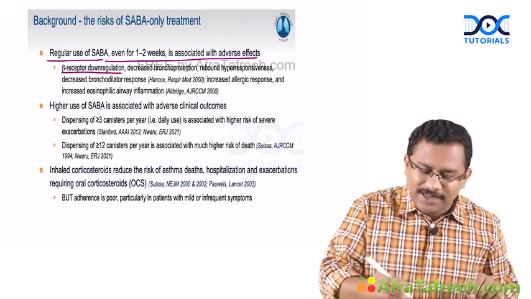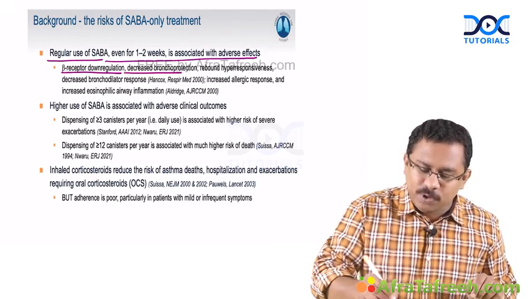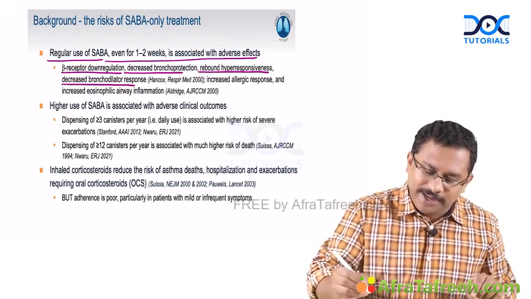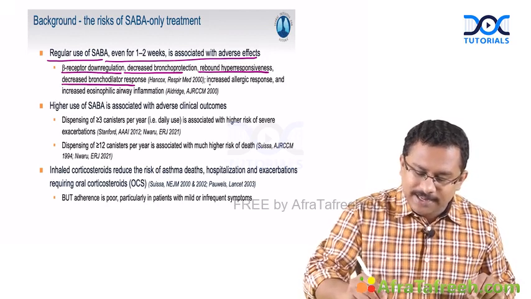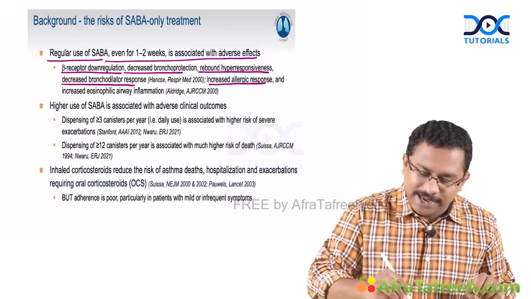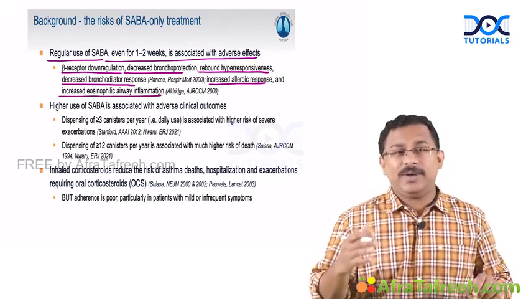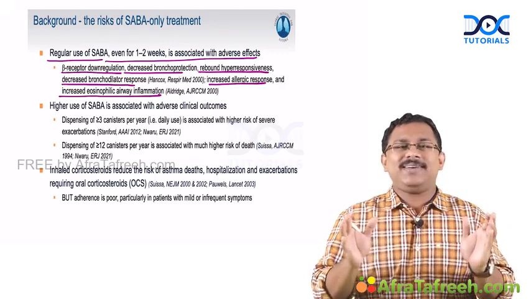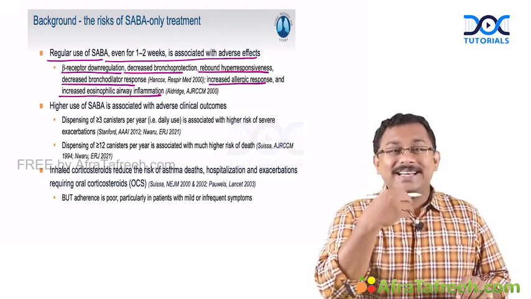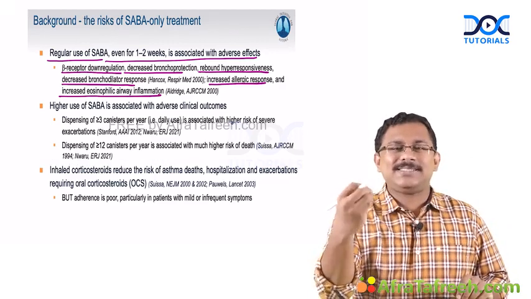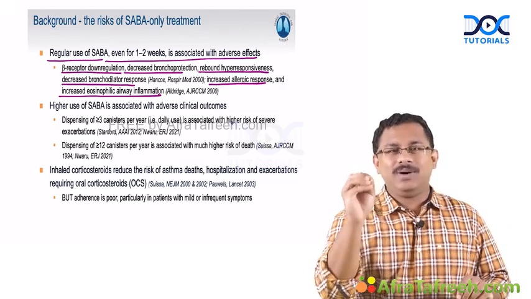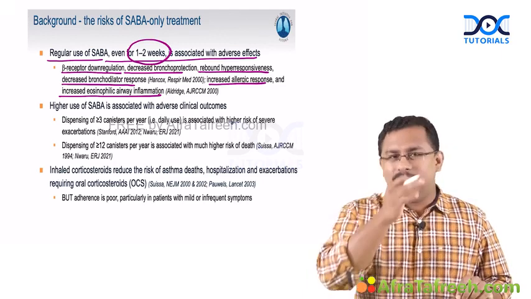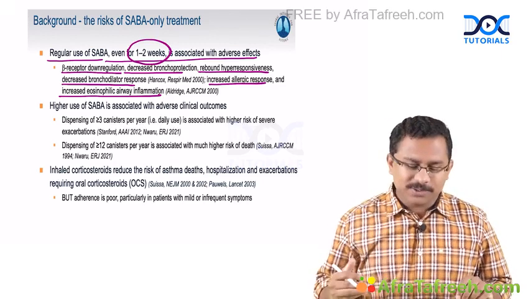And the reasons are beta receptor downregulation, decreased bronchoprotection, rebound hyperresponsiveness, decreased bronchodilator responsiveness, and increased allergic response and increased eosinophilic airway inflammation. So there are multiple factors contributing to the risk of asthma exacerbations when you go for a SABA only treatment. You see, even for 1 to 2 weeks if you give SABA only, that can cause all these problems.